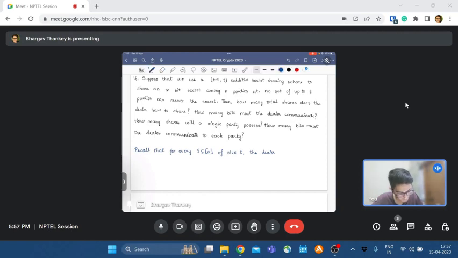The dealer uses a separate instance of the t plus 1 comma t secret sharing scheme for those parties.